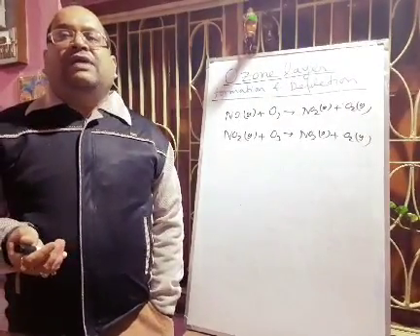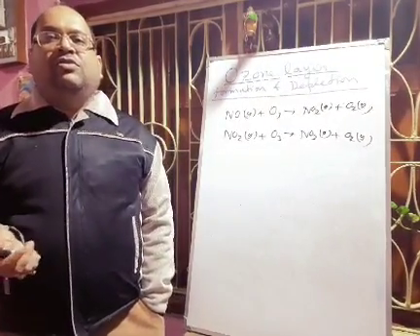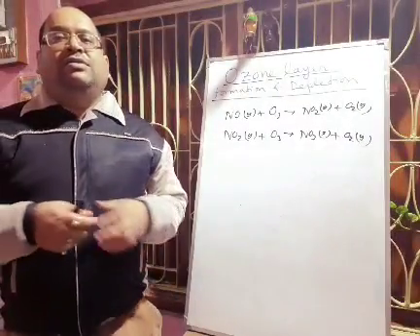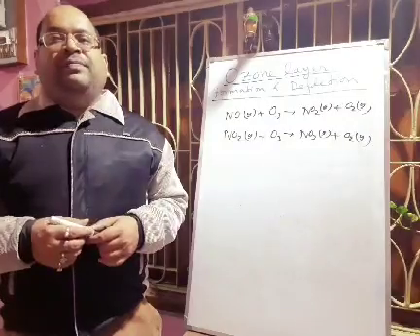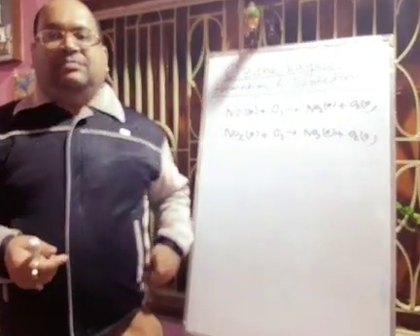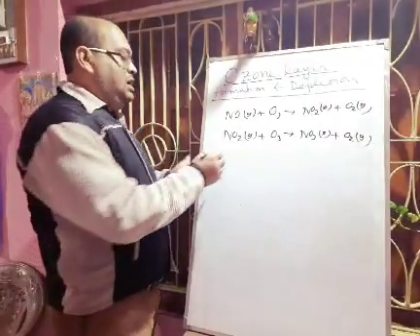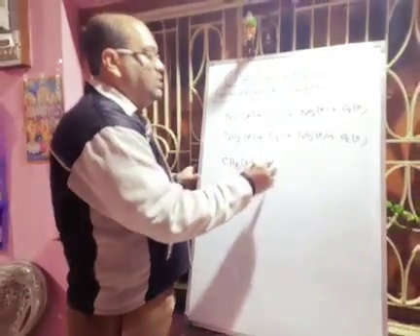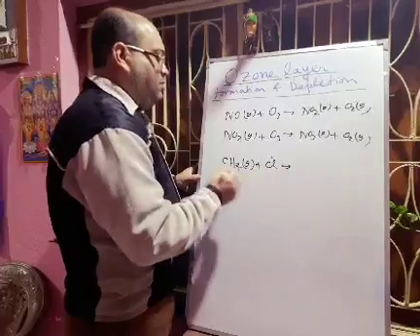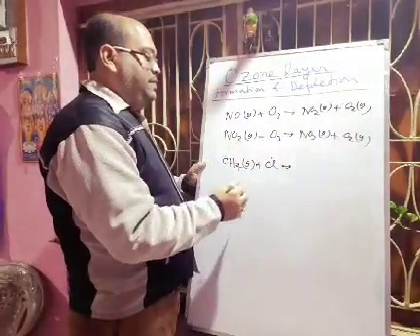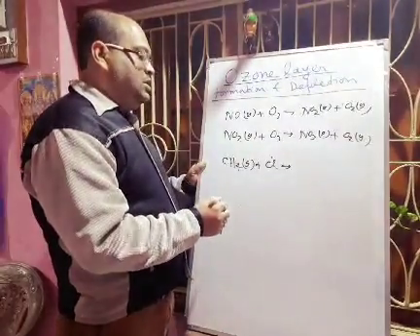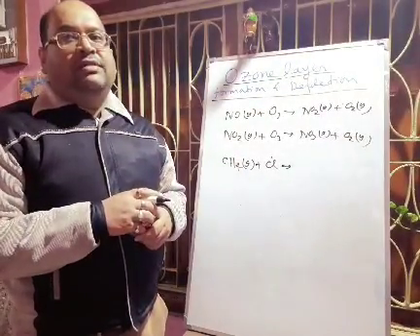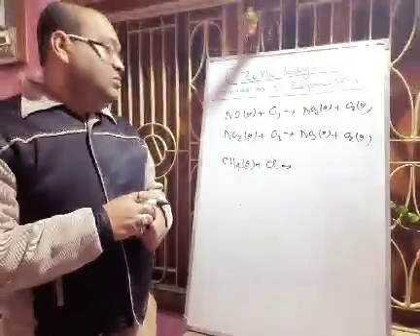Like we can think about the reaction: all of you know that methane can react with chlorine. Suppose a chlorine radical is there, and methane reacts with the chlorine free radical, then one hydrogen will be replaced.